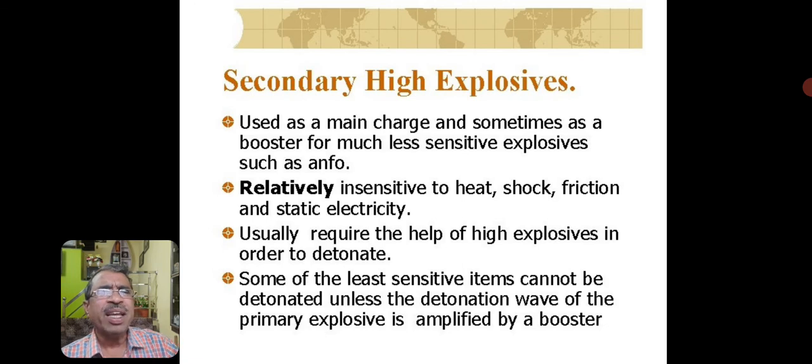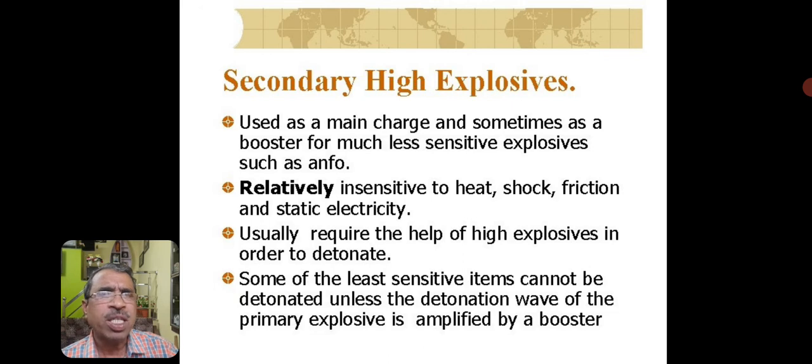Of course, the secondary explosives are used as the main charge and sometimes as a booster for much less sensitive explosives such as ANFO. They are relatively insensitive to heat, shock, friction, and static electricity. These secondary explosives usually require the help of high explosives in order to detonate.